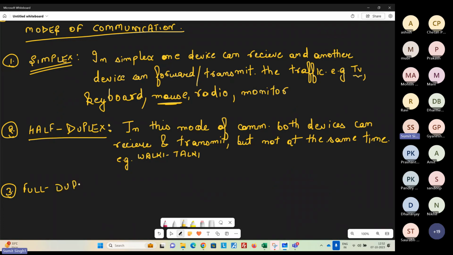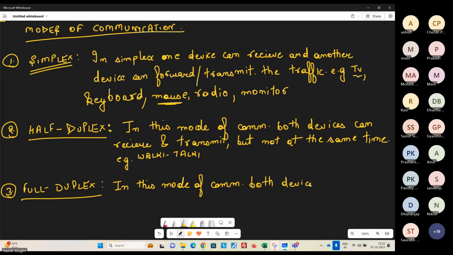Then last we have full duplex. In full duplex, both devices can receive and transmit traffic at the same time.